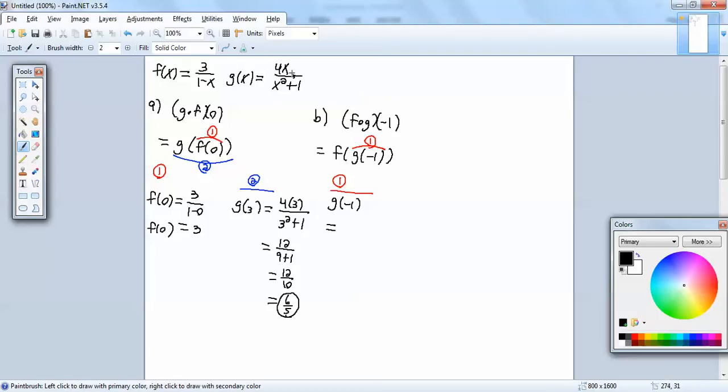Well, we'll go to our g of x, and everywhere we have an x, we'll put in -1. So I got 4 times -1 over -1 squared plus 1. 4 times -1 is -4. -1 squared is 1 plus 1 is 2. So that ends up giving us -2. And that's g of -1.